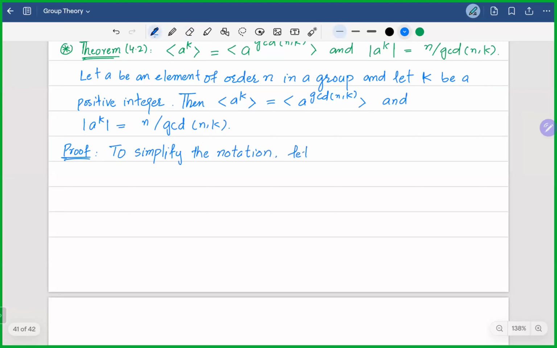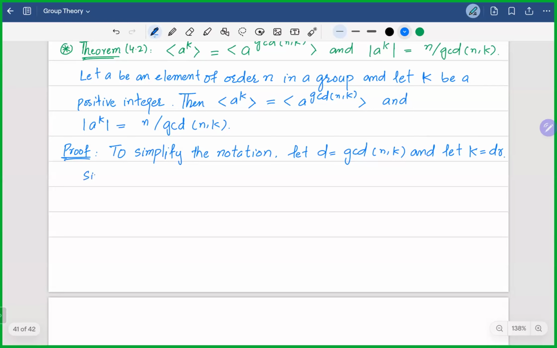Let d equal GCD of n and k, and let k equal d times r.